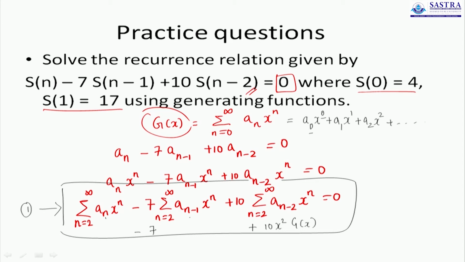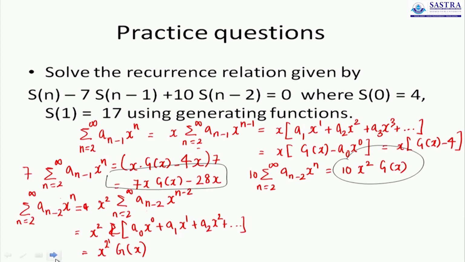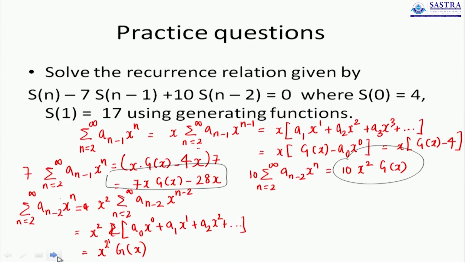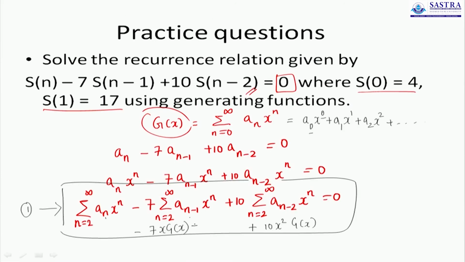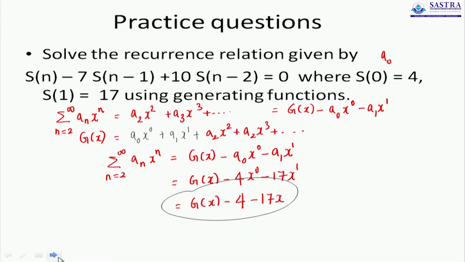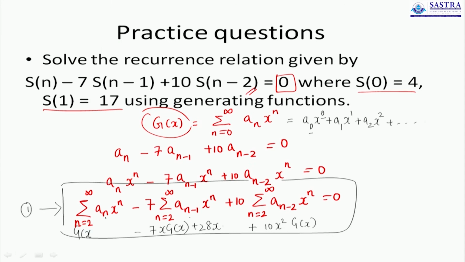This was minus 7x g of x, plus 28x. The first term was g of x minus 4 minus 17x.